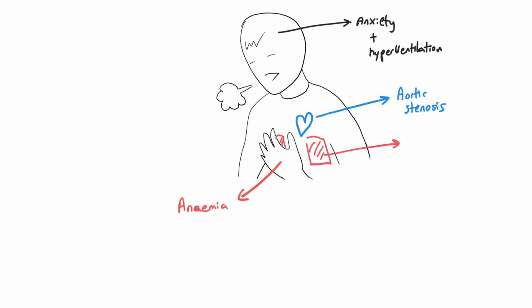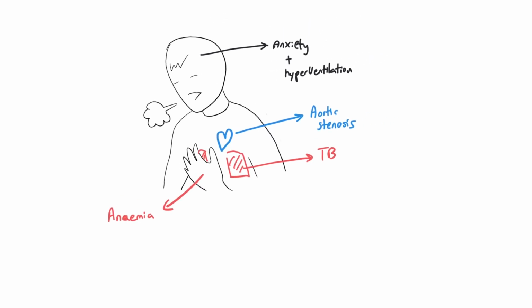Other lung causes could be TB, depending on the population. You have a patient that presents with shortness of breath, cough, hemoptysis. So have that in the back of your mind.